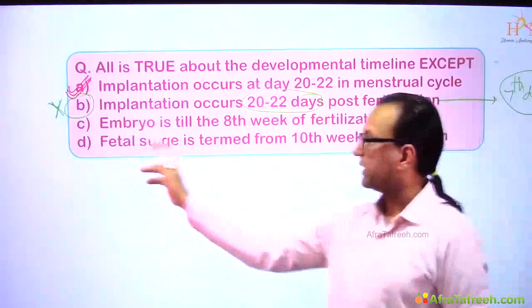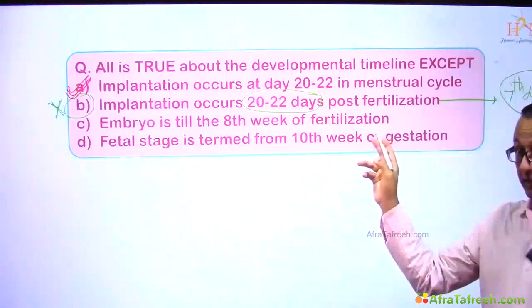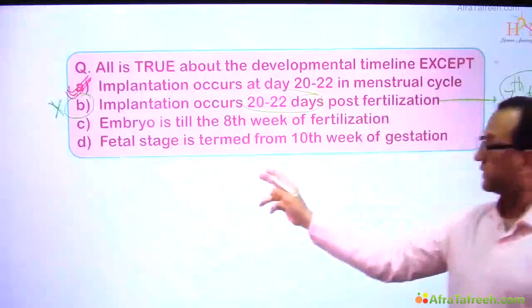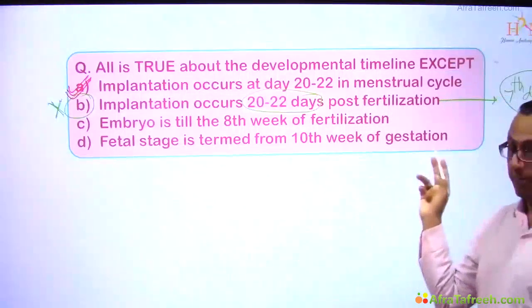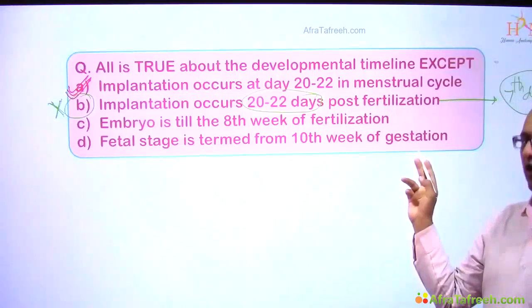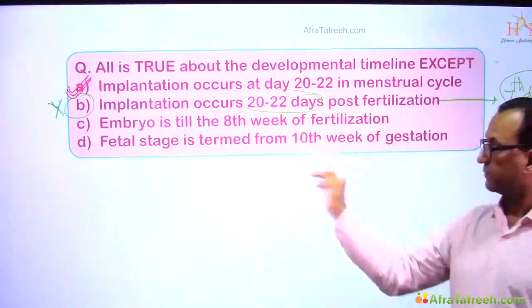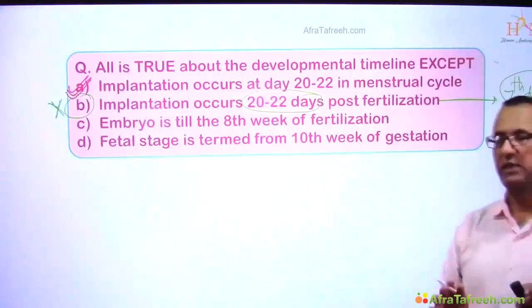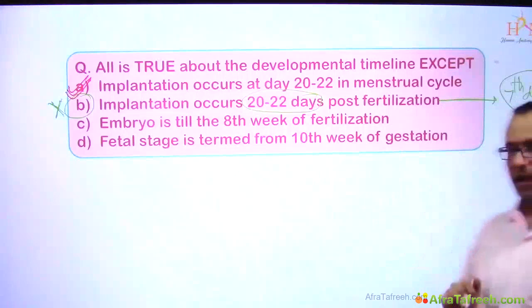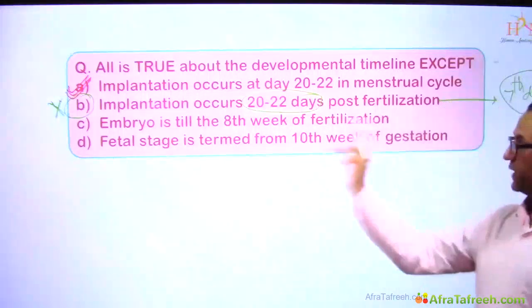What do you think about choice number C? If you say embryo is till 8th week of fertilization, then fine. And if you say fetal stage is termed as 10th week beyond, meaning it is gestational age, then it's fine. But if you say ovulation age, then this will be 8 weeks. So there are two different things: one is the gestational age and one is the fertilization age.